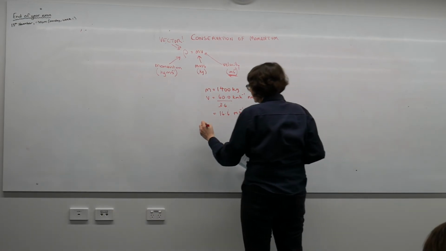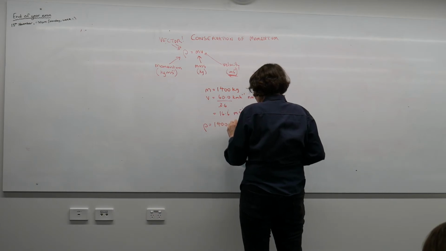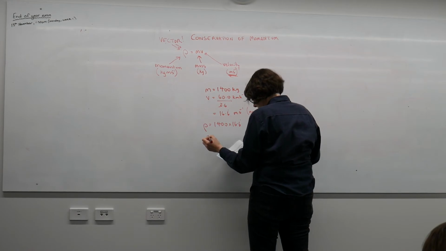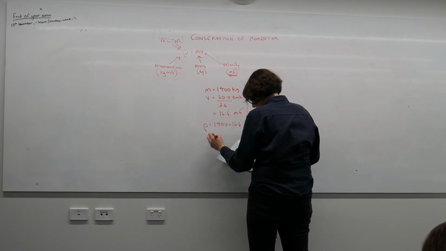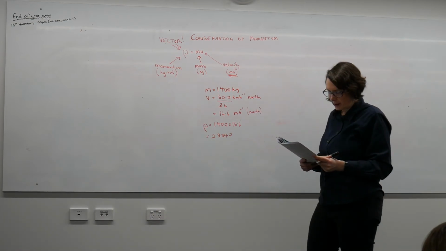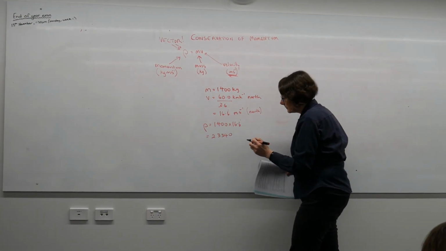So our momentum will just equal the 1,400 times the 16.6 repeating, which gives us 23,340. And if we look back at the question, it started out with 3 significant figures.